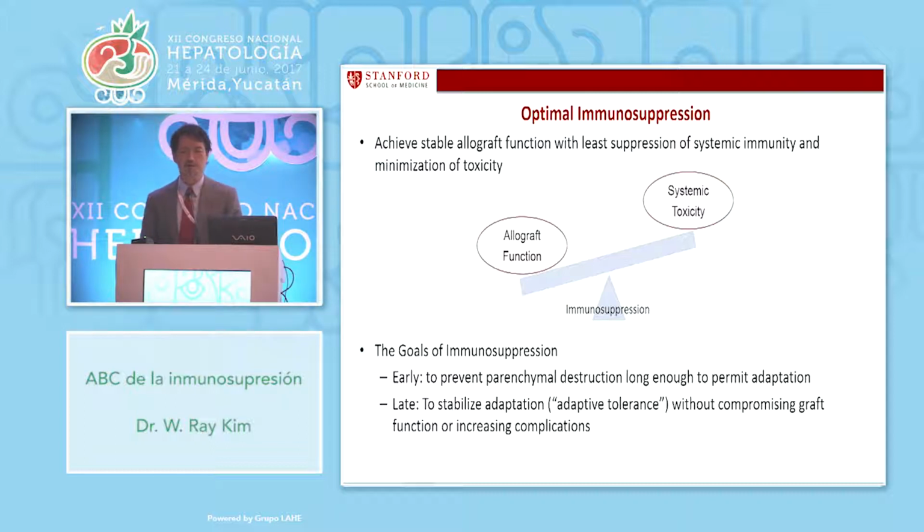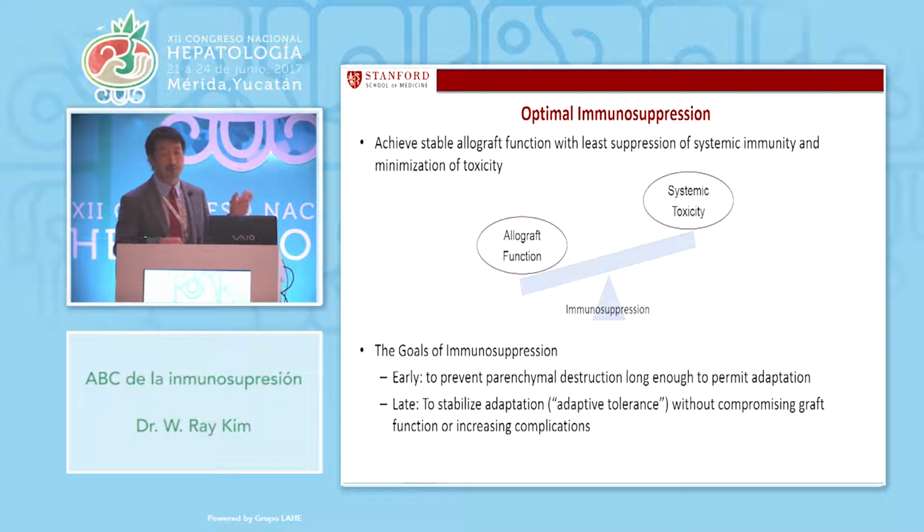Globally, when you think about how to optimize immunosuppression, you want to achieve stable allograft function with the least amount of immunosuppression and minimize toxicity. On the one hand, you want to preserve allograft function by preserving the integrity of the organ and avoiding damage.